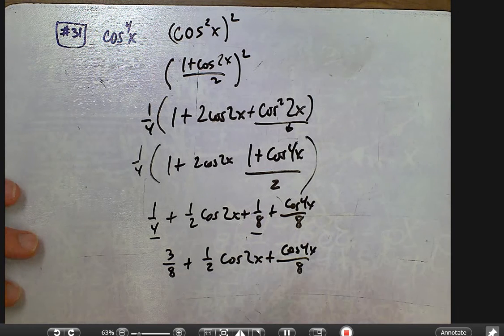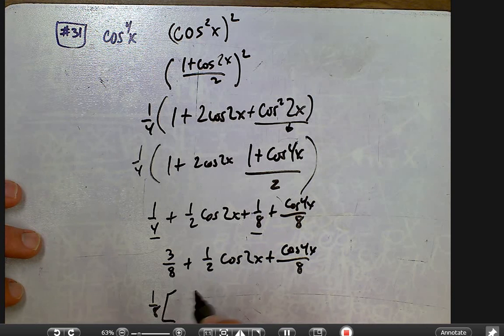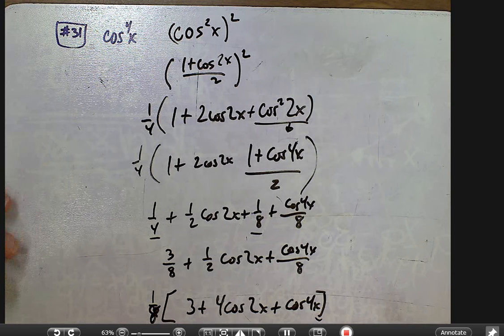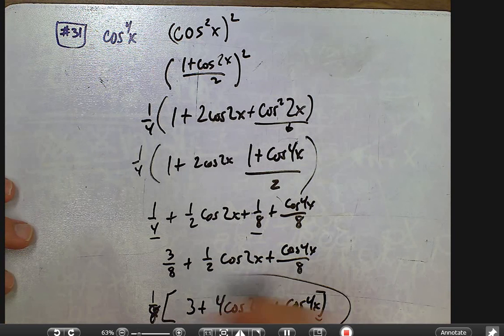The common factor is 1/8 on the bottom, so taking out an 8 leaves me with 3 plus 4 cosine 2x plus the cosine of 4x. And that's how I come up with the answer. If you have any questions, let me know.